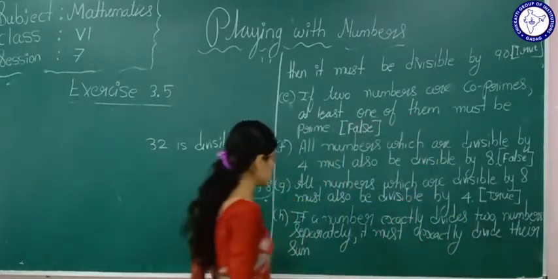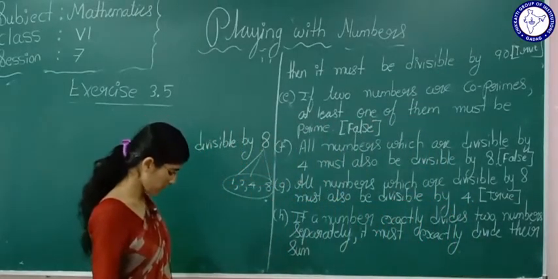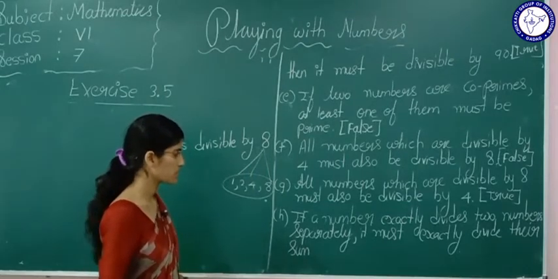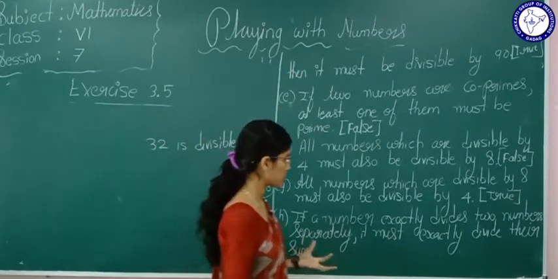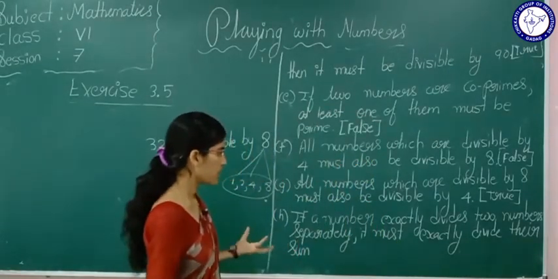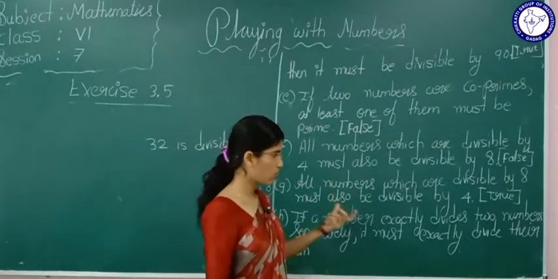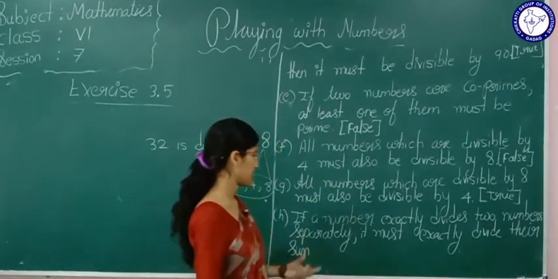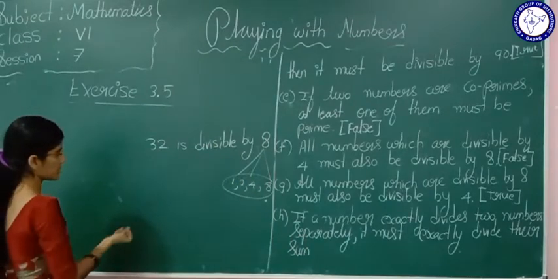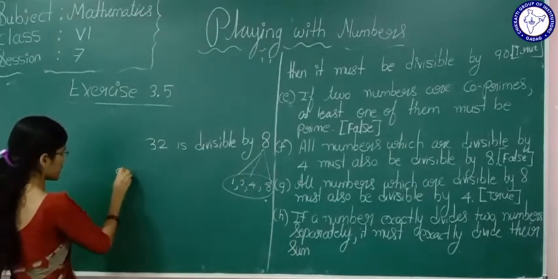Next, see H. If a number exactly divides two numbers separately, it must exactly divide their sum. They are asking, if a number exactly divides two numbers separately. Take any two numbers, right? See here, 90 is there.